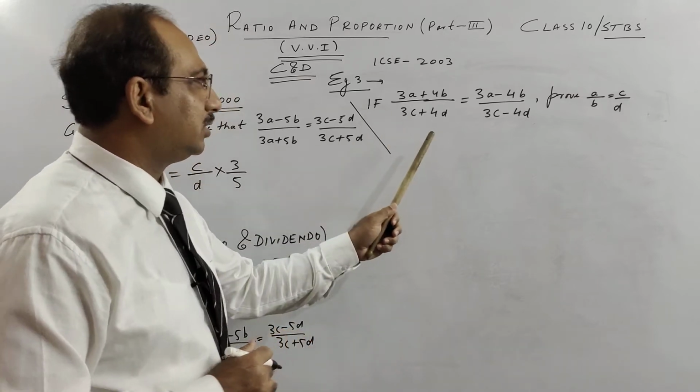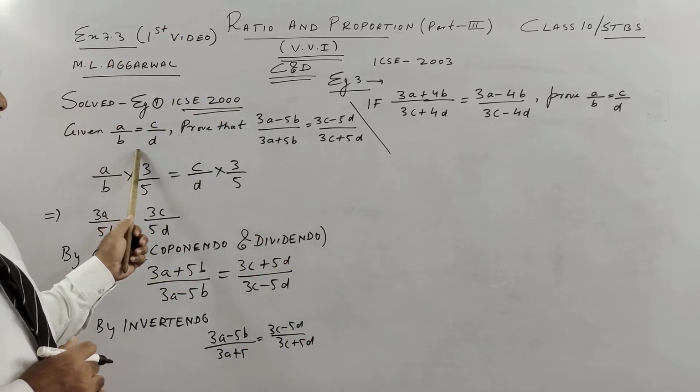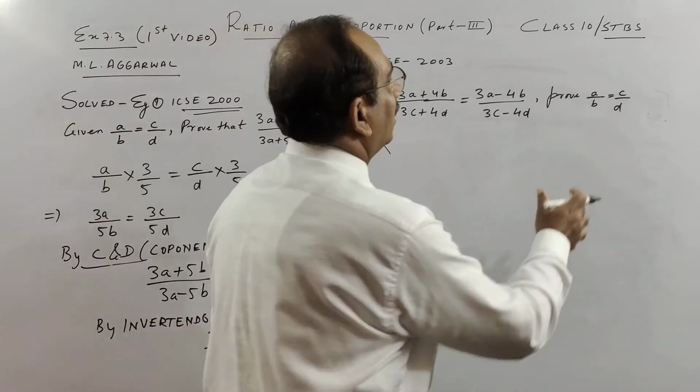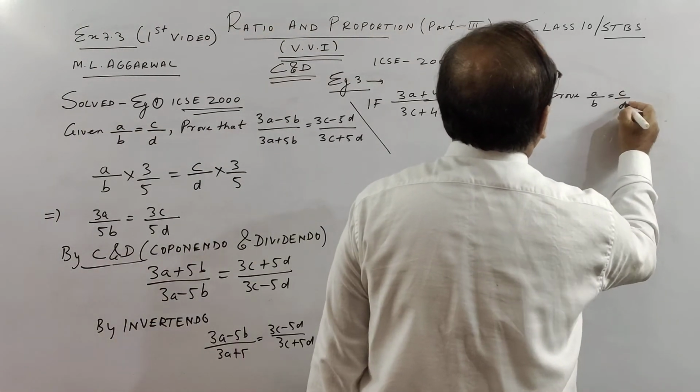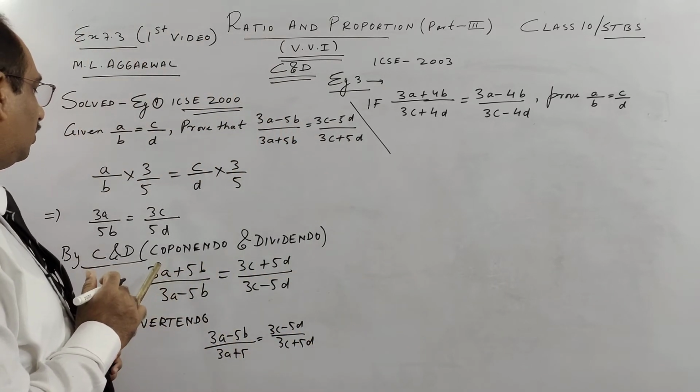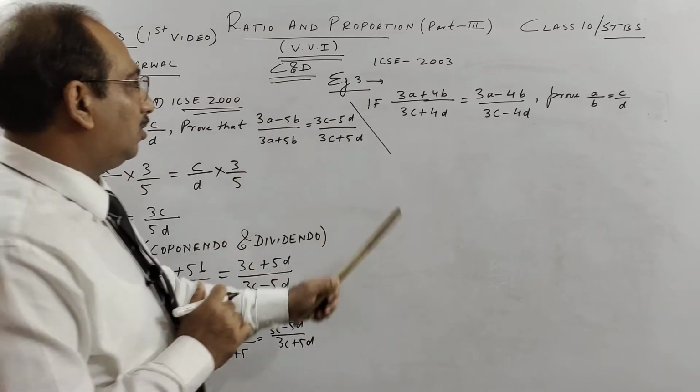It is just the opposite, children. You see here something like this, we get this. From this I have to prove this. Let us see how we do. In this situation, here also we apply componendo and dividendo. Here also we will apply.